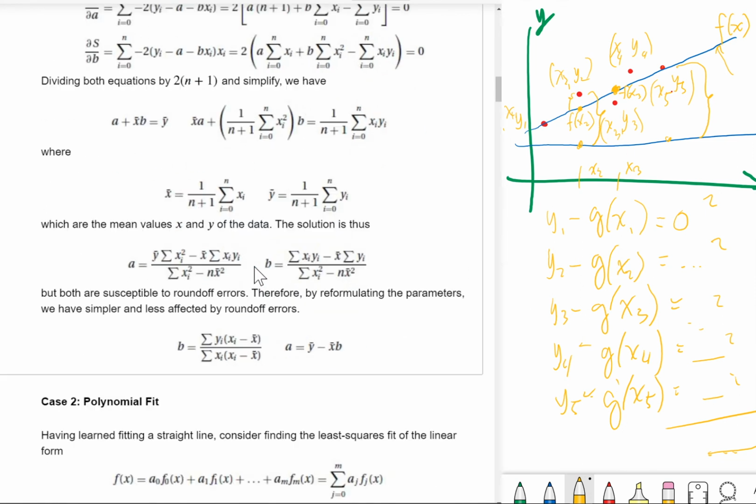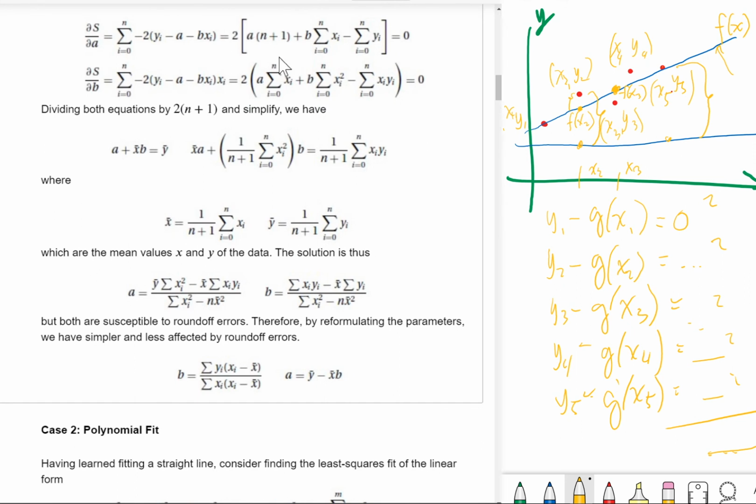Okay, so having these equations, we divide both sides of both equations by 2 times n plus 1, so we will derive these equations. Okay, 2 sets of equations. Then by simply arranging them, we will get this one. So for example here, you will get this value here, and then the y also, which are the mean values of x and y data.